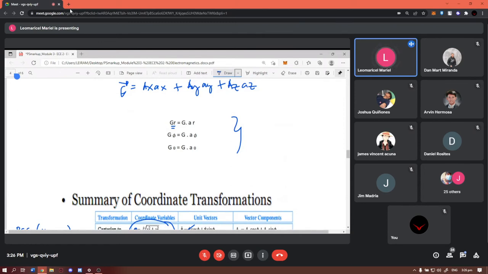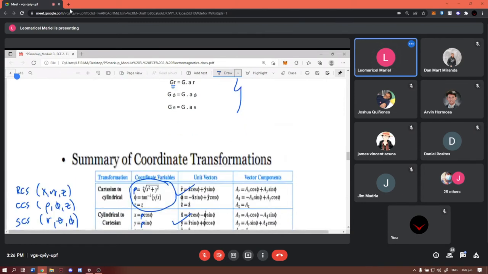So, hindi nyo kailangan i-memorize itong unit vector na to at saka yung vector component. You don't need to memorize that because you can arrive on that particular answer using this principle, the dot product principle which we discuss next meeting. So, hiniwalay ko talaga yung transformation muna bago tayo mag-dot product para maliwanag talaga sa inyo yung concept.